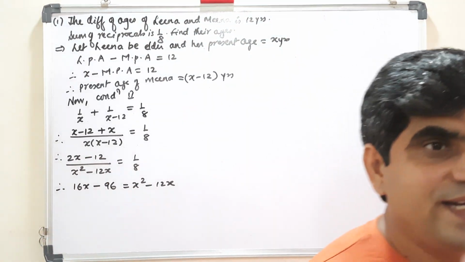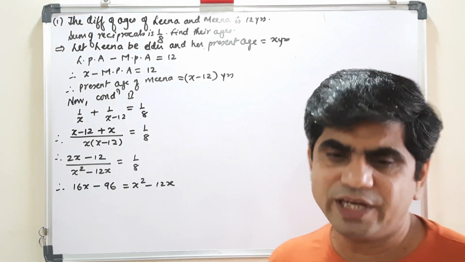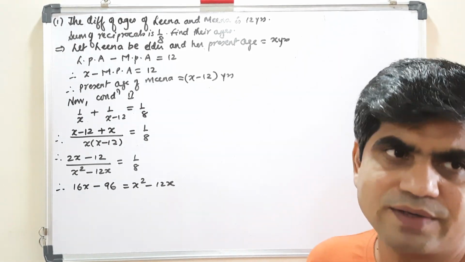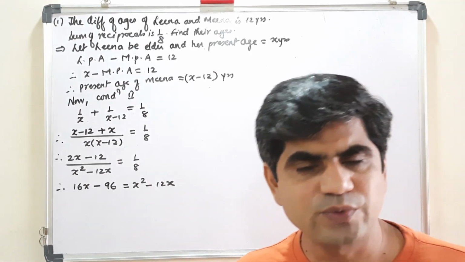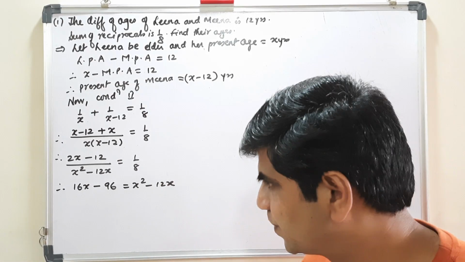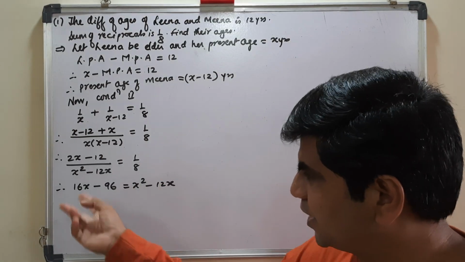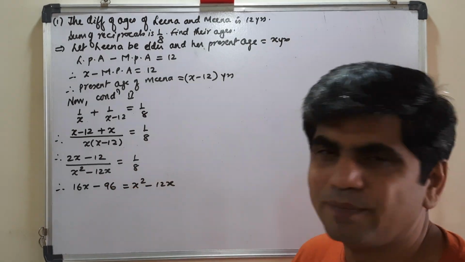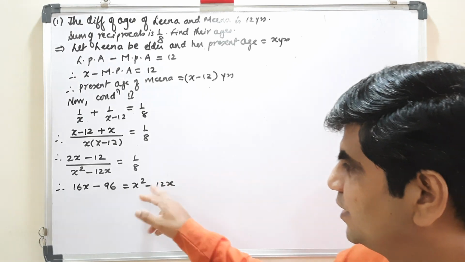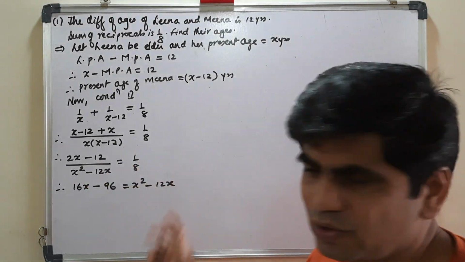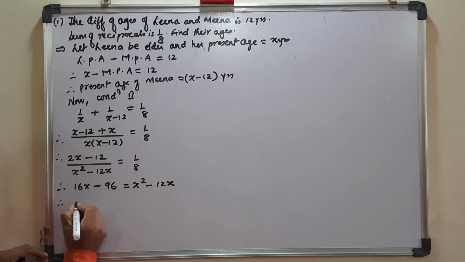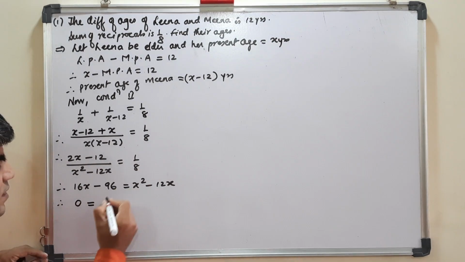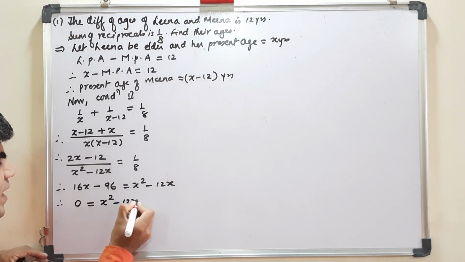Now, I need to shift all the variables and constants to one side so that one particular side becomes 0. In a quadratic equation, I'll get it in the form of ax square plus bx plus c is equal to 0. If I shift this over there, my x square will become minus, so I will not think of shifting this over here. This 2 I will take to the right side. That is, I get this as 0, both shifted, and this is x square minus 12x.